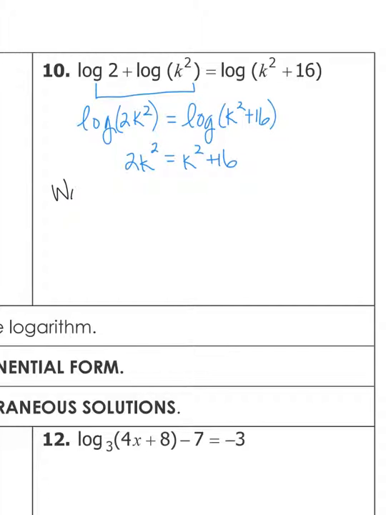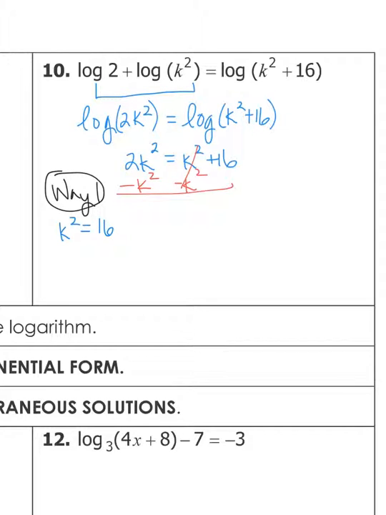So this will be way 1. With way 1, I'm going to subtract the k squared from both sides. So if I do a minus k squared and a minus k squared, I would end up with 2k squared minus a k squared is 1k squared equals your 16.